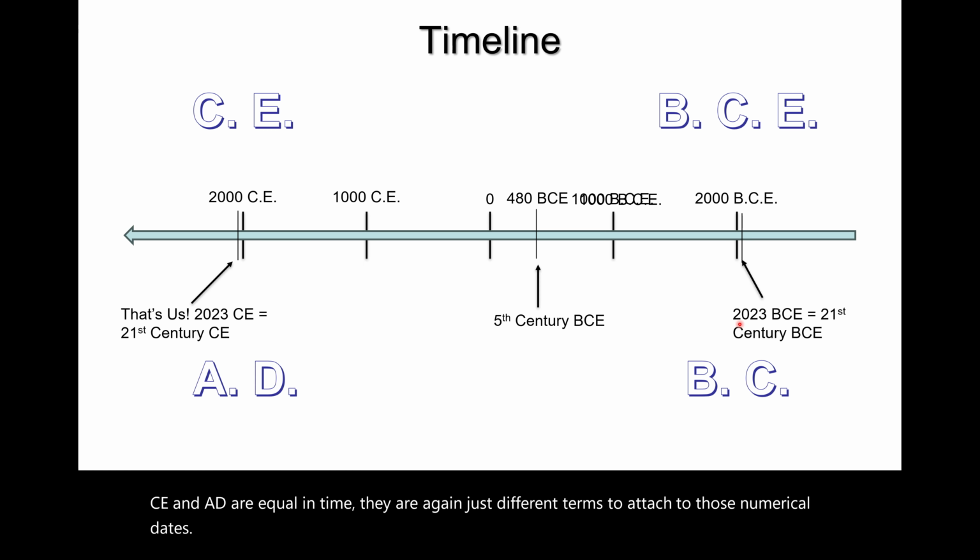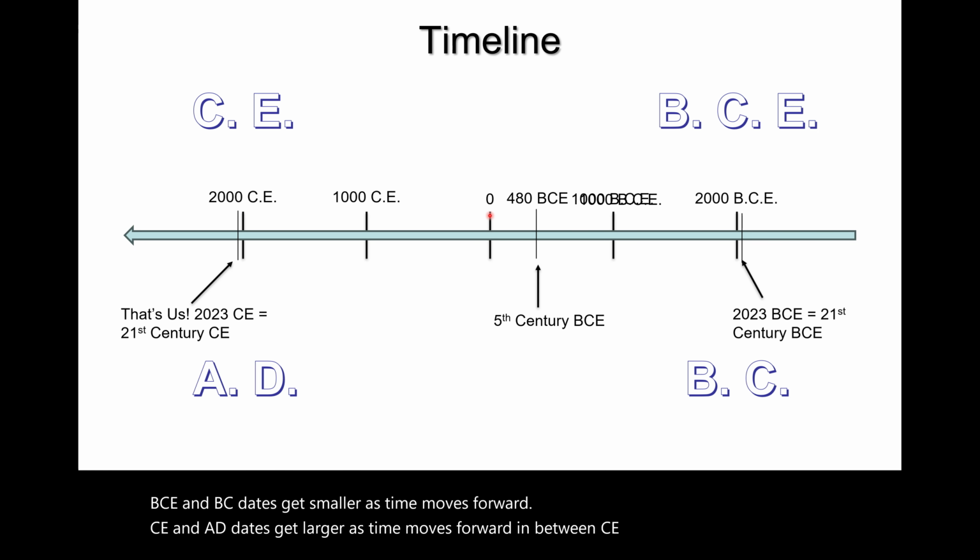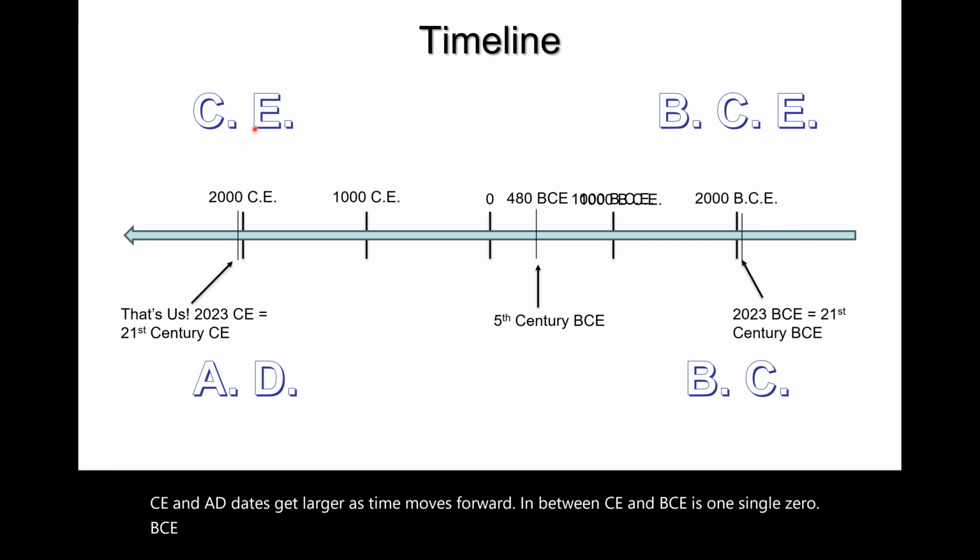BCE and BC dates get smaller as time moves forward. CE and AD dates get larger as time moves forward. In between CE and BCE is one single zero. BCE ends at a zero. CE starts at the zero. Okay.